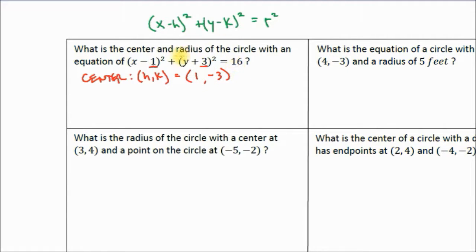Remember, because we have a negative in our standard form equation of a circle, when we pull this out, we have to assume there was a negative here already. This is x minus positive 1, and this is y minus negative 3, and that changes to positive. So the signs of h and k both flip. Let's make a little note here, just so we have this in our flip book.